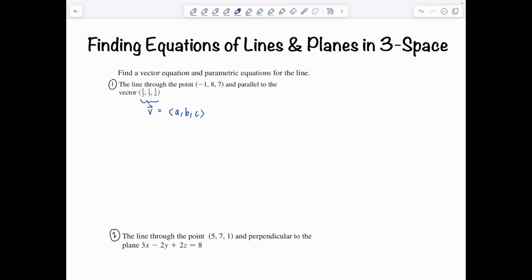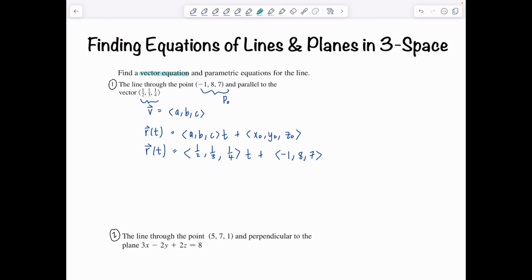And remember, when we have the vector equation for a line in space, we write it as ⟨a, b, c⟩ times t plus ⟨x0, y0, z0⟩, which is right here. That's my point P0. So I can put this all together and we have r(t) equals ⟨1/2, 1/3, 1/4⟩ times t plus ⟨-1, 8, 7⟩.